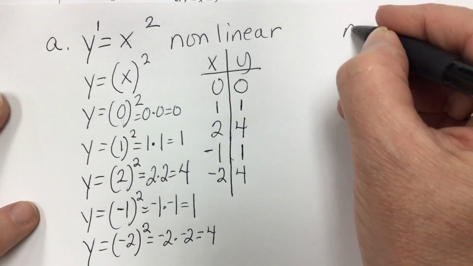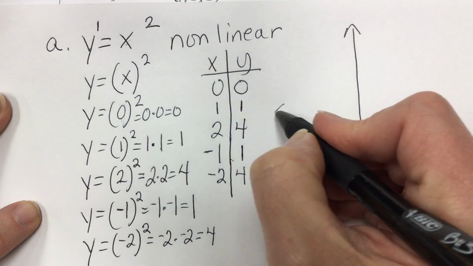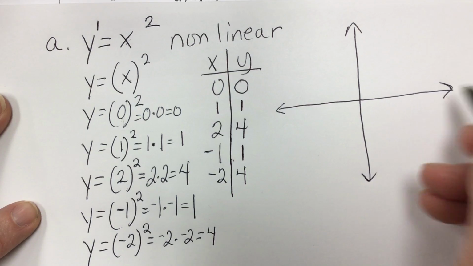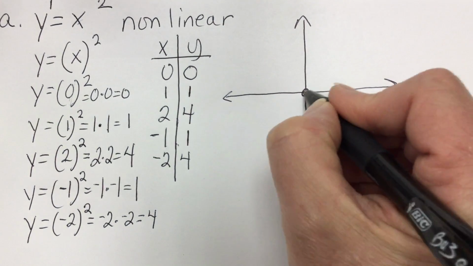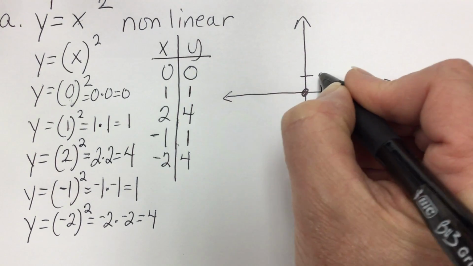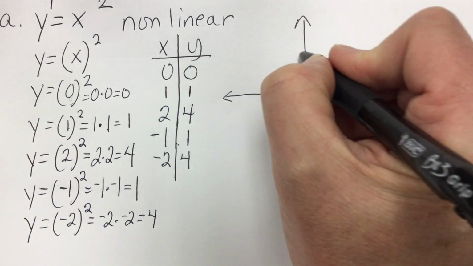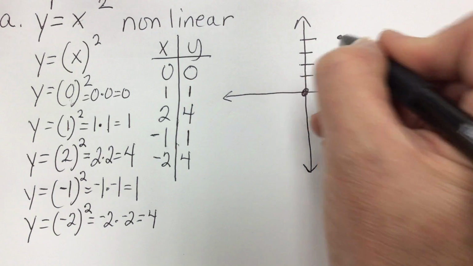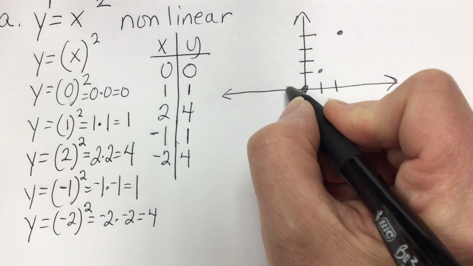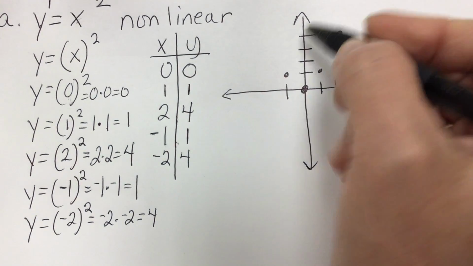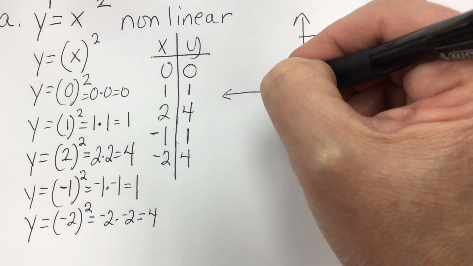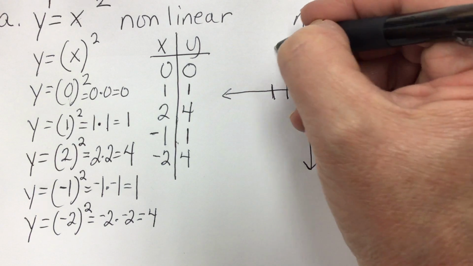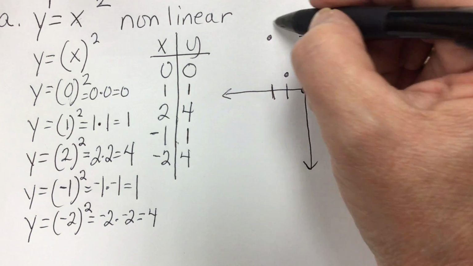If I plot all of these points, you will see that it is not a line. (0, 0), (1, 1), (2, 4). Then I have (-1, 1), (-2, 4), something like this.